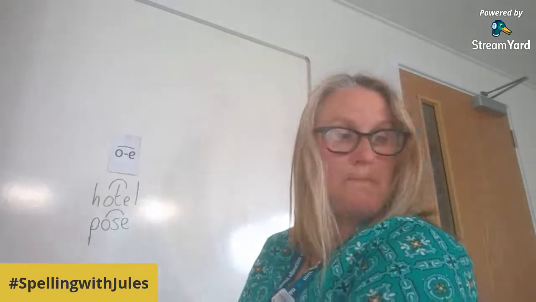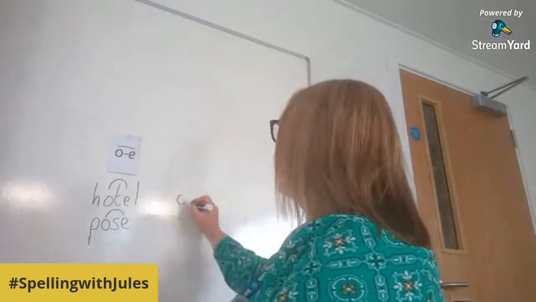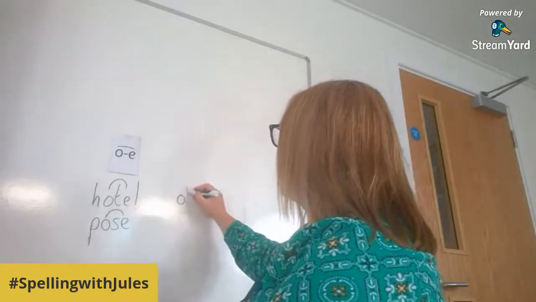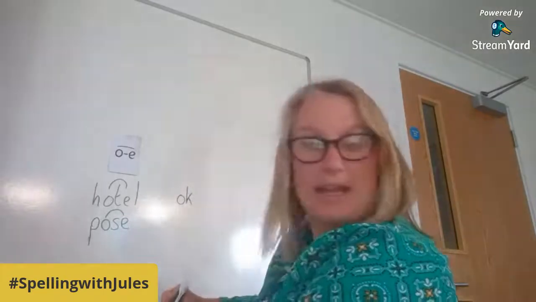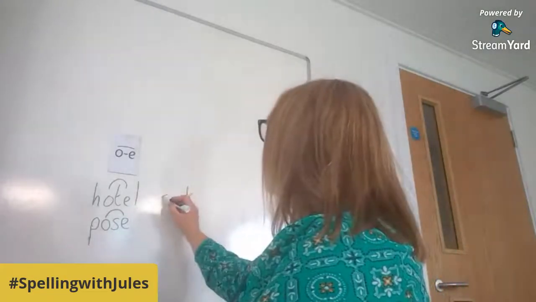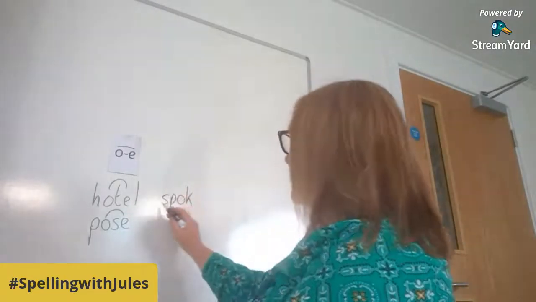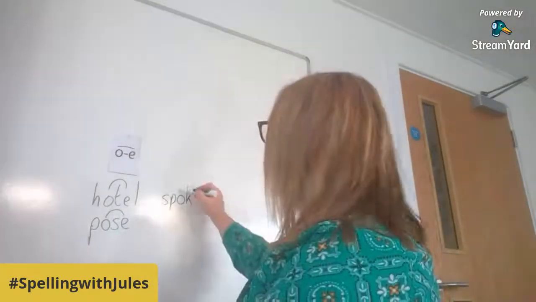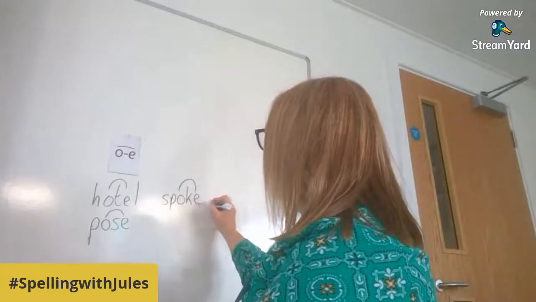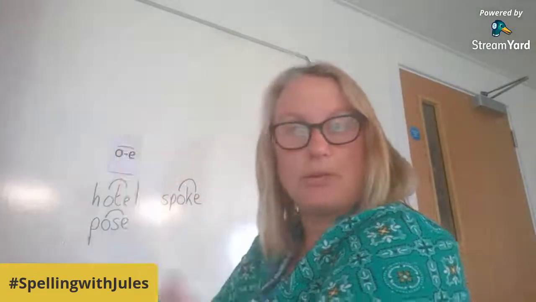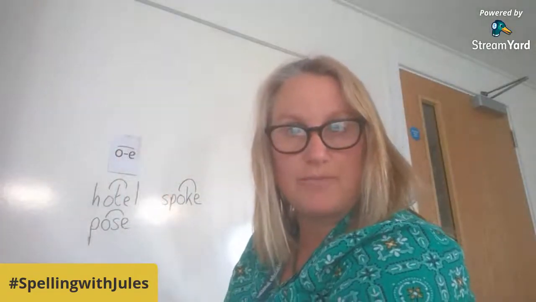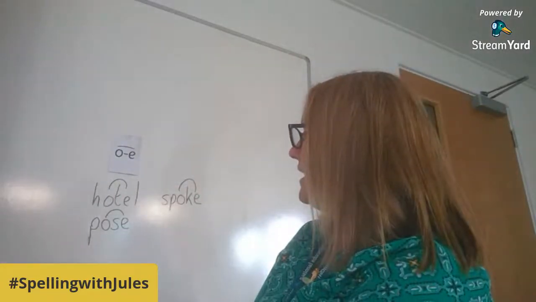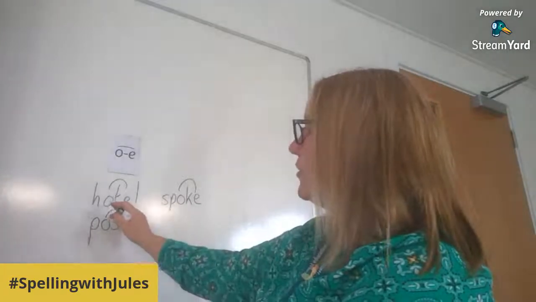Or instead of having an S and a T splitting up our digraph, we could have a K, and then we could make Spock, as in Captain Spock with the funny ears in Star Trek, or spoke. I spoke to you yesterday before my battery ran out. Yeah, so you can play around with your O and your E, and it makes an O or an O.